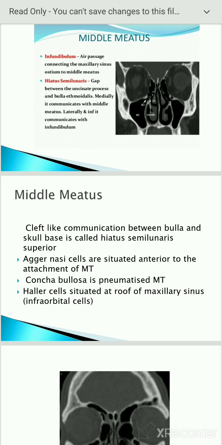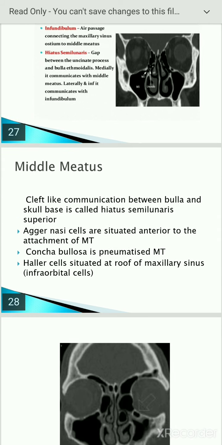Agarnazi cells are situated anterior to the attachment of middle turbinate. Agarnazi cells are anterior ethmoidal cells. What is concha bullosa? Concha bullosa is a pneumatized middle turbinate.